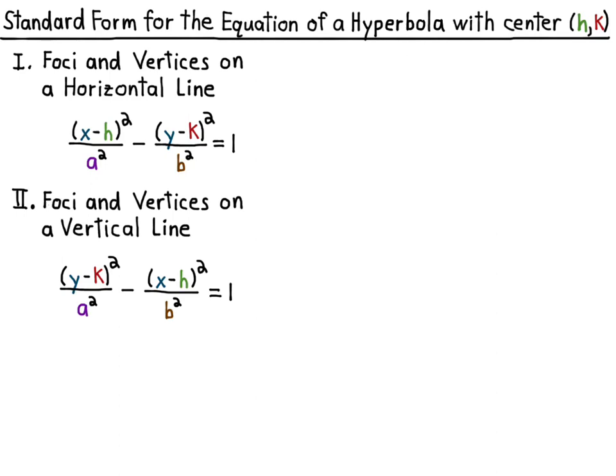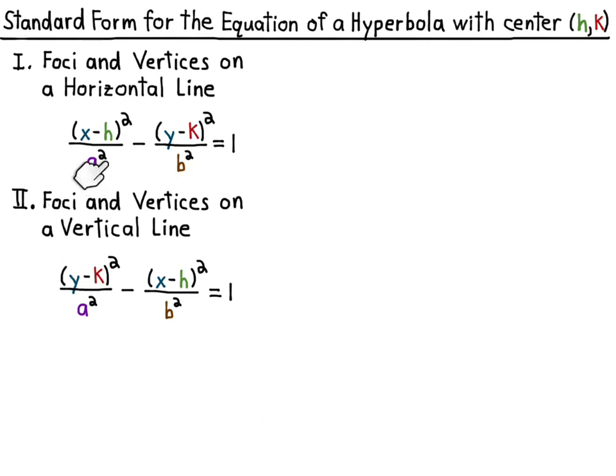What has happened here is I just switched the x minus h and the y minus k. So now the term with the y in it is positive, and the term with the x in it is negative. For the first one, the term with the x in it is positive, and the term with the y in it is negative.